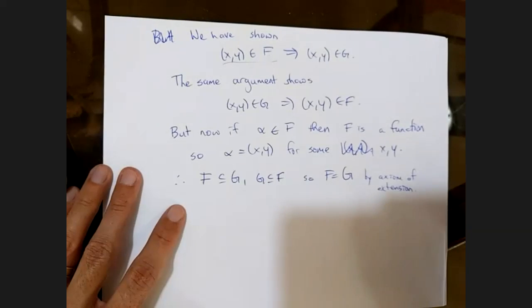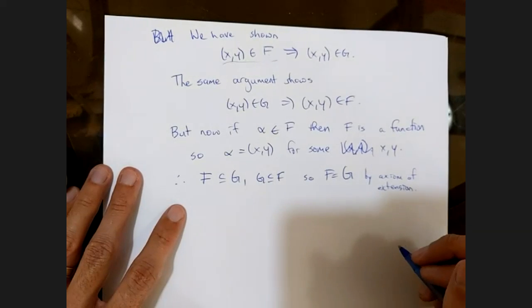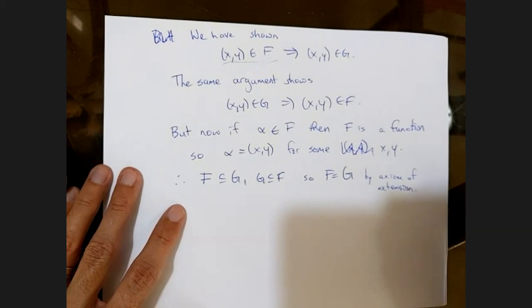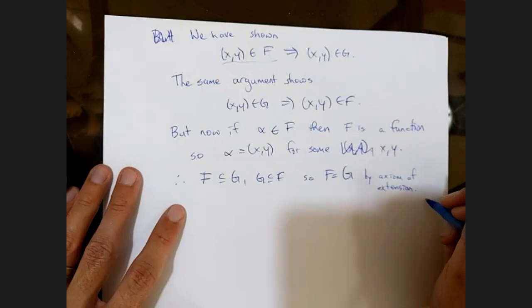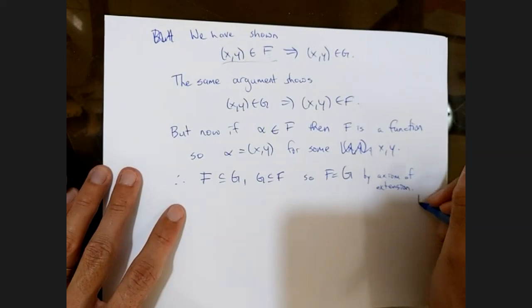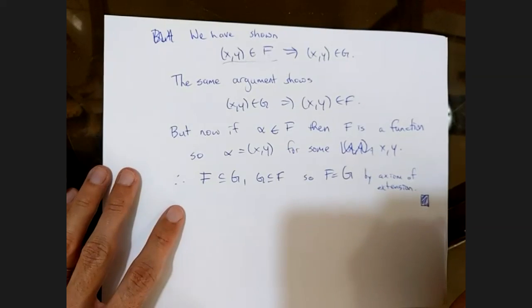They're equal if they have the same domain, and if f of x equals g of x for all the x in the domain. And that is normally how we would prove that two functions are equal. Okay. So that's the end of the proof there for that proposition.